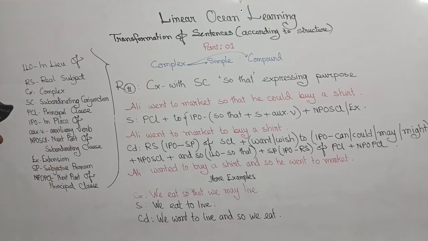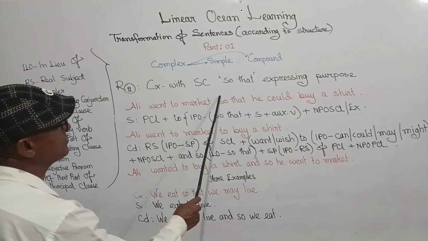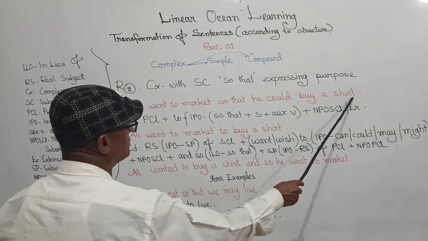Now if we want to make it compound, we have to follow the following structure. CD means compound. RS, real subject, IPO subjective pronoun of SCL. Which one is the subordinating clause? "So that he could buy a shirt."